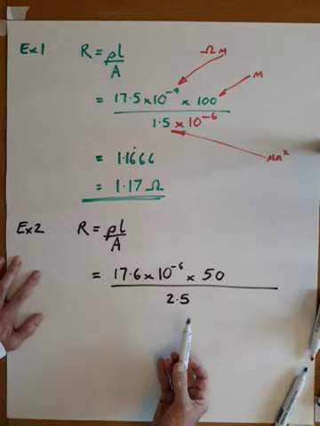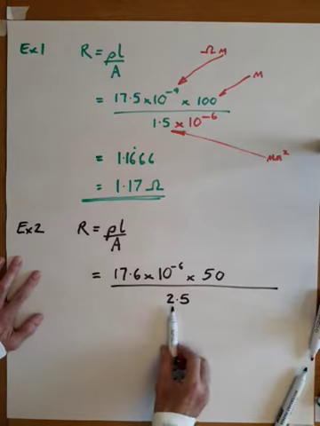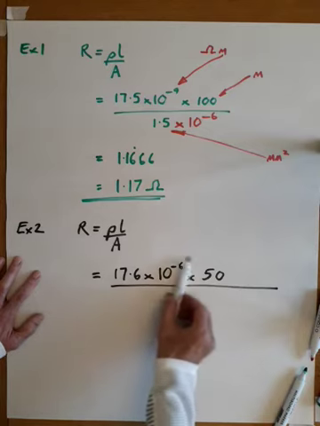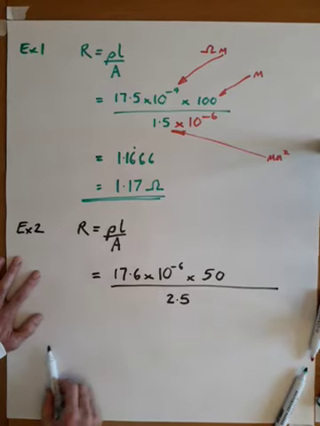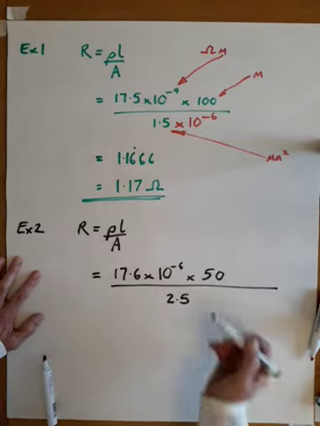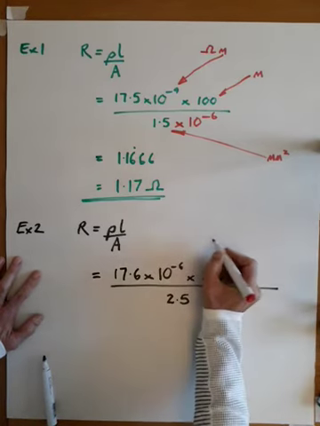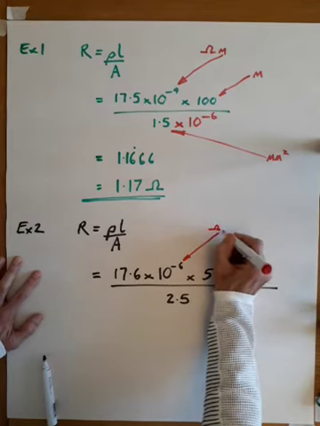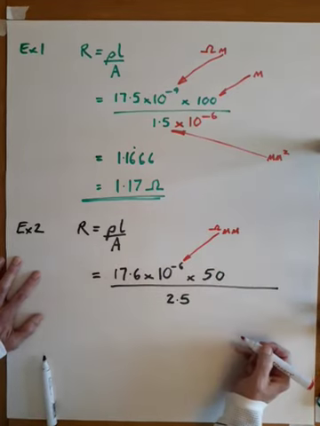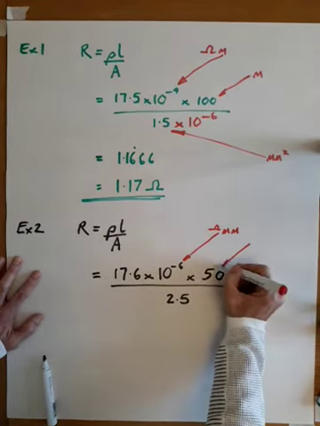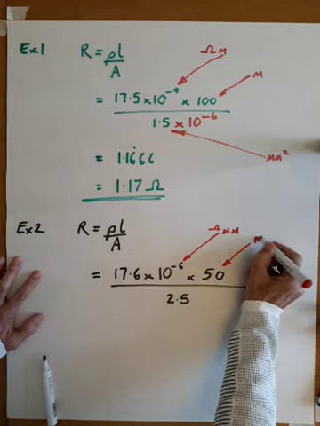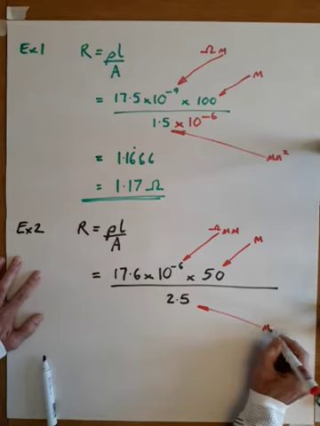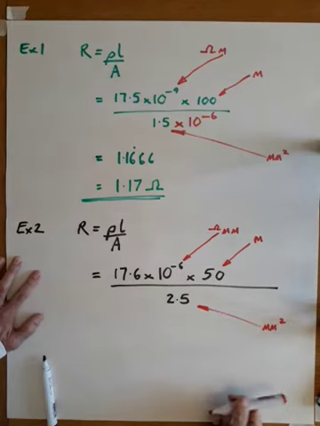So your conductor cross-sectional area is 2.5 millimeters squared. This question was presented differently, and what we have at the moment is the resistivity in ohm millimeters, the length in meters, and the area in millimeters squared.